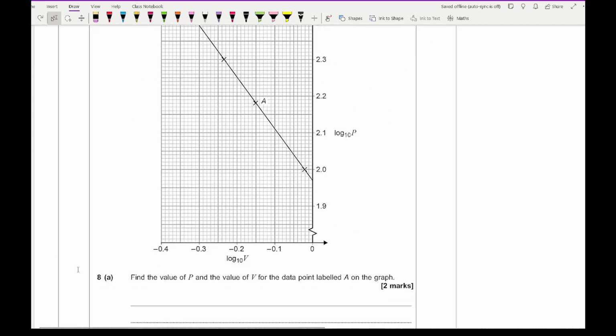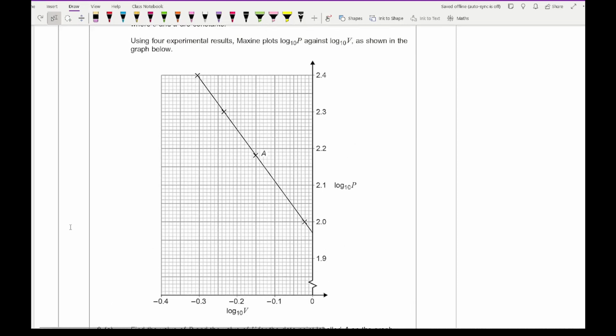And for the first part, it's asking us to find the value of P and the value of V for the data point labelled A on the graph. So at A, now here we've got an x ordinate of minus 0.15, and a y ordinate of 2.18.